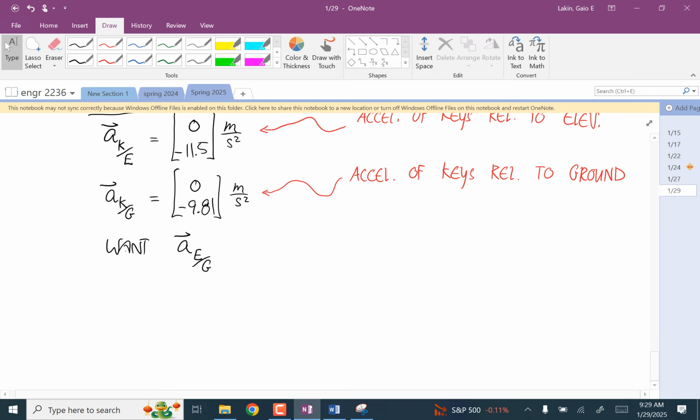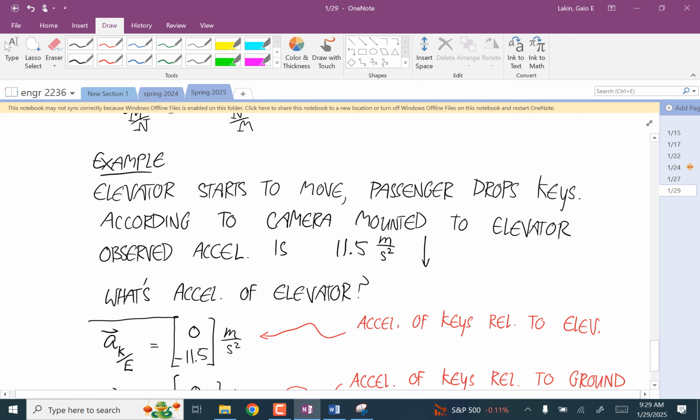Well, you could manipulate these equations. There are kind of two ways to do it.